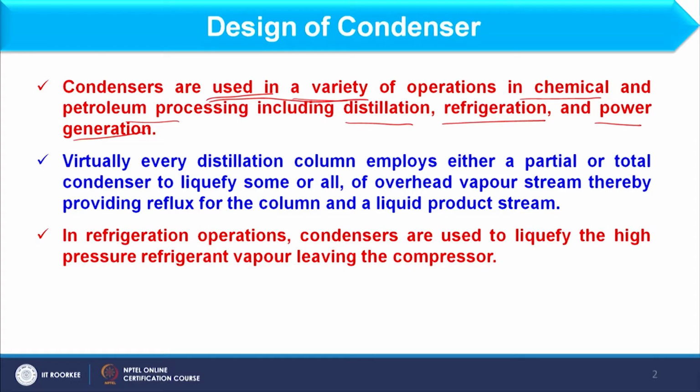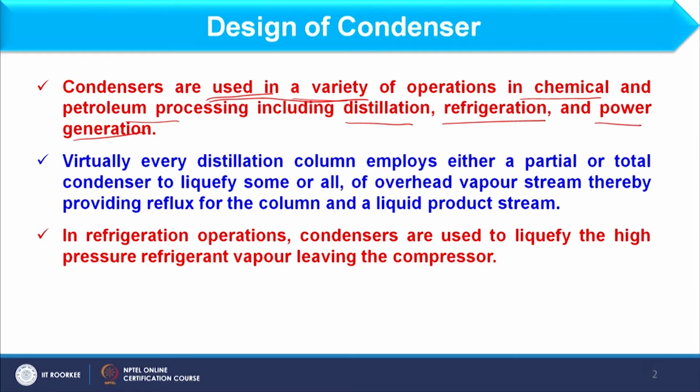Whatever feed is entering the condenser, only some section of that vapor is converted into liquid, and that depends on how much reflux you want. Since some of the vapor is converted into liquid, you call that a partial condenser. Now, what is a total condenser?